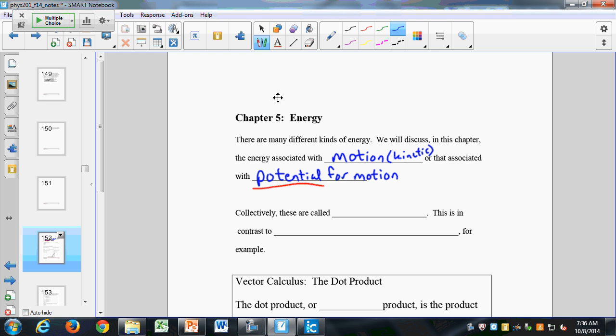And then collectively, these two, kinetic and potential energy, we call mechanical energy. And this is in contrast to other types of energy, which we'll also deal with, electrical energy. Nuclear, we won't get to nuclear, but that's another type of energy apart from mechanical. And then maybe also thermal energy as well.